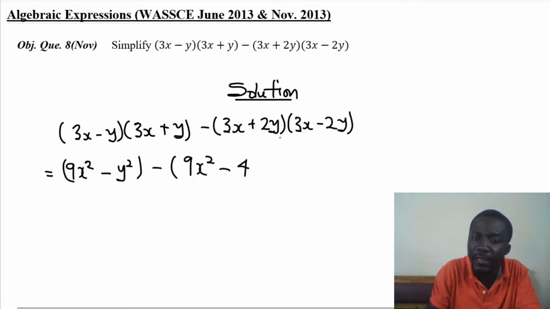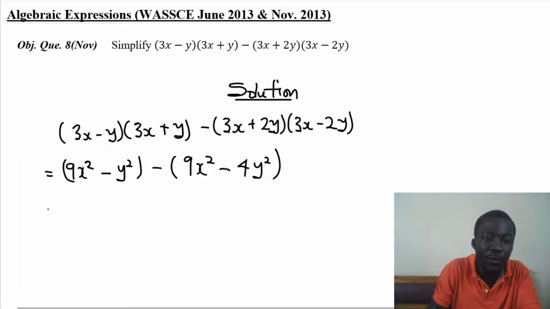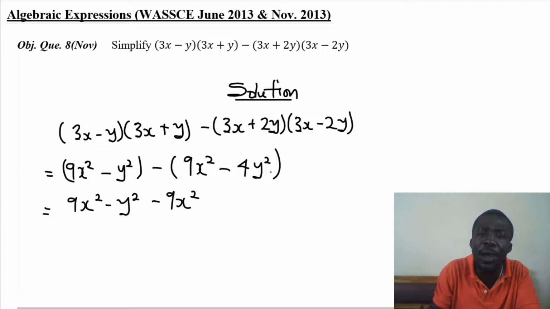So 4, and the variable is y, so y squared. Now we have our square numbers as this. We can continue by expanding the brackets. Negative times 9x squared will give us negative 9x squared. Then negative times negative 4y squared will give us plus 4y squared.